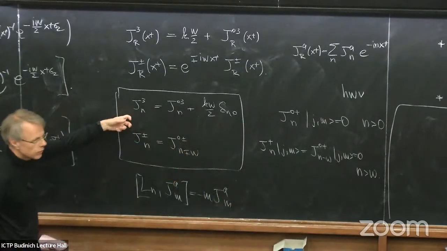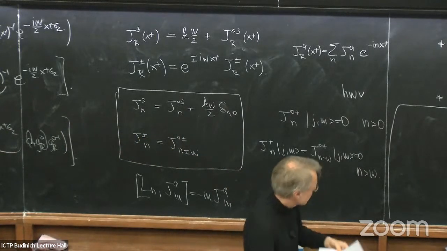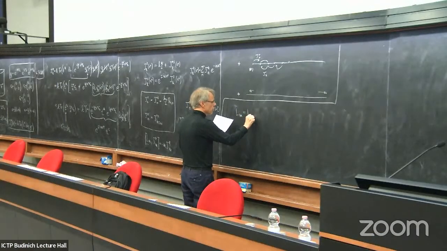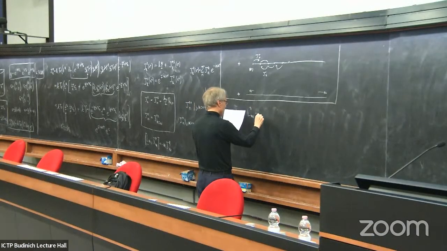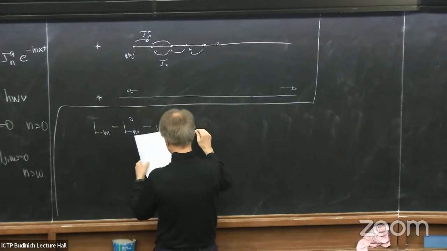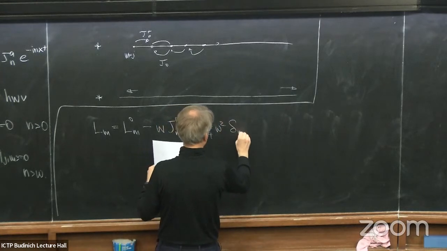And then compatibility with this will tell you how L transforms. And what you find is that L_m transforms as L_m^0 minus w times J^3_m minus k over 4 times w squared delta_{m,0}.